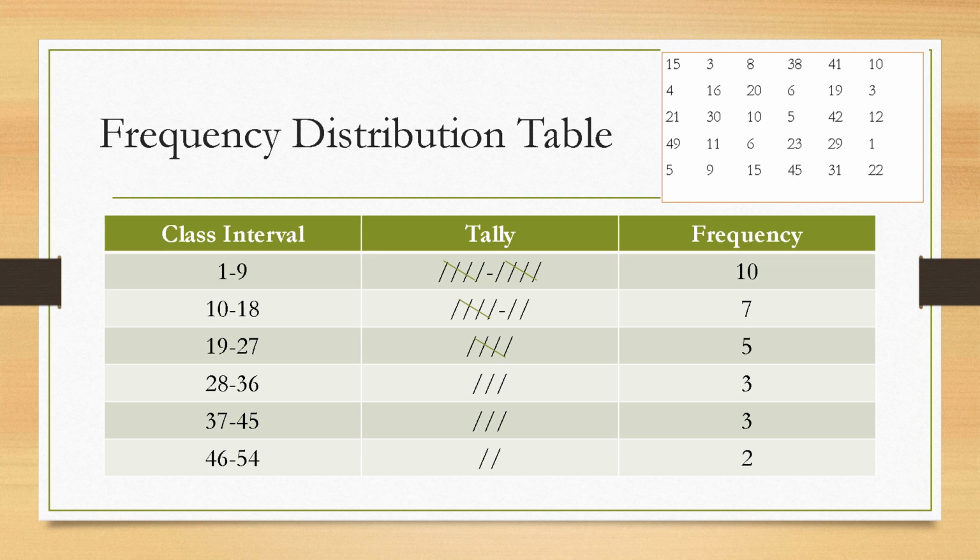For 10 to 18, there are only 7 scores. 19 to 27, 5 scores. 28 to 36, 3 scores, and so on. If we add all the frequencies, the total is 30.